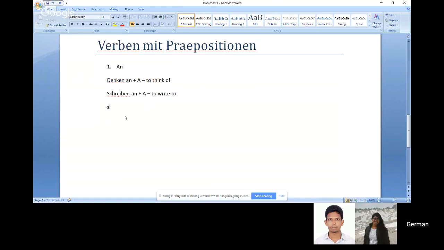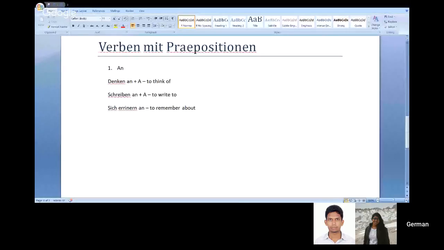Next, sich erinnern an, to remember about. Okay, now these are three verbs. Try making three sentences using these verbs and the fixed prepositions.